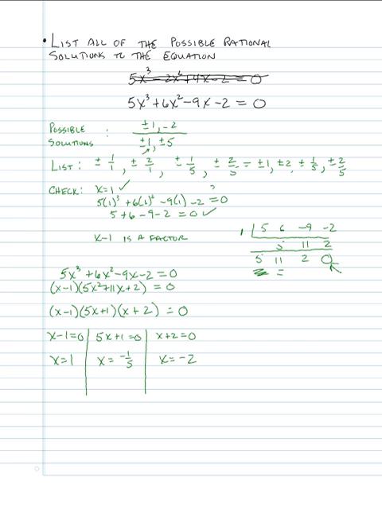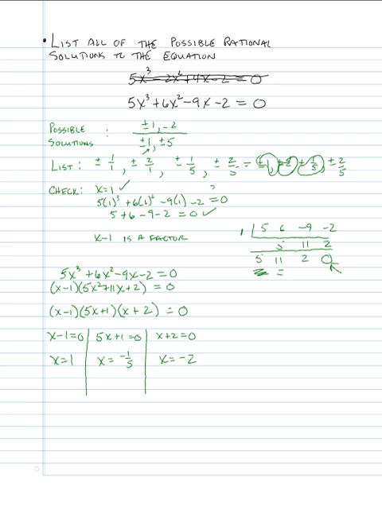Now look in our list above. Positive 1 was a possible rational solution. It is. Negative 2, a possible rational solution. Yes, it is. Negative 1/5, a possible rational solution. Yes, it is. So now we've solved it completely, and our solutions are in that list.